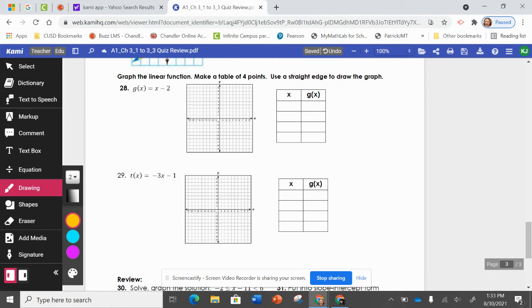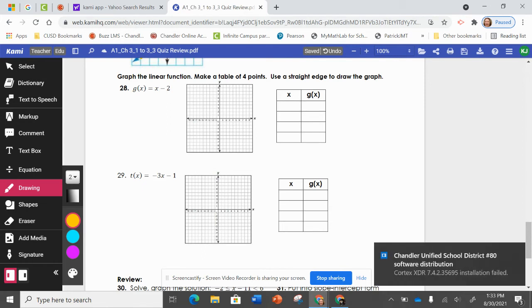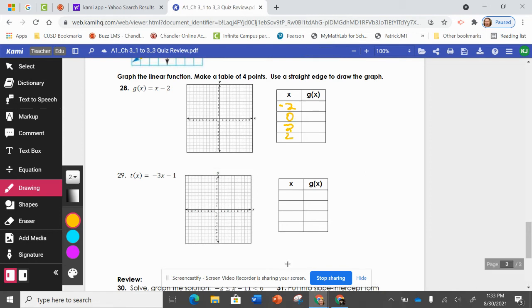All right, for graphing, remember you can use any 4 points you want to. In this case, I'll pick negative 2, 0, 2, and 4. You can use any 4 points you want to, but you should use at least one negative, one positive, and 0.